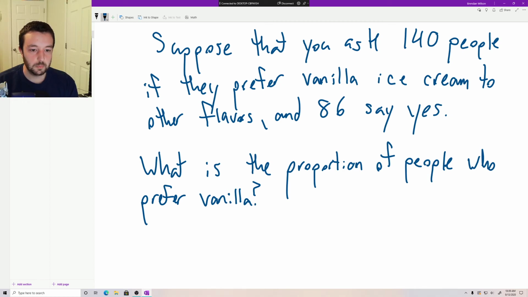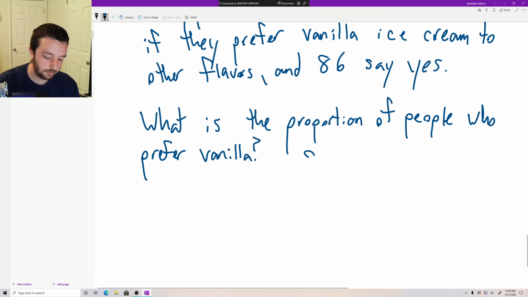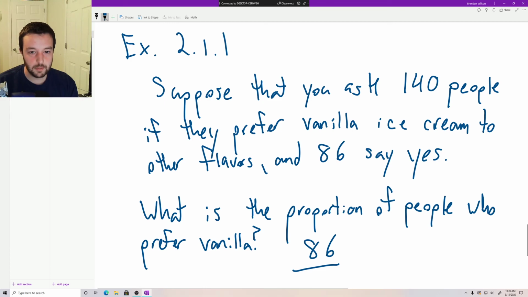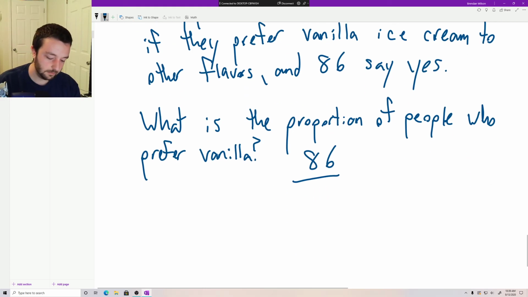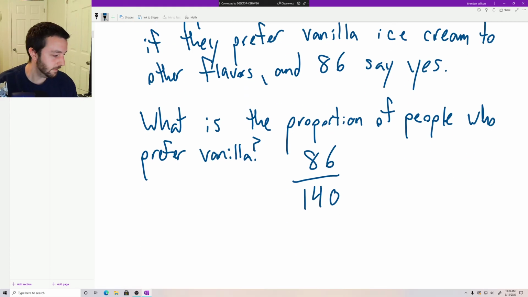The proportion of people who prefer vanilla. Well, we know 86 of them prefer vanilla, right? And we want to divide that by the total number of people, which here is 140. This would technically be p hat because it's a sample, but again, don't get bogged down in that if it's confusing.